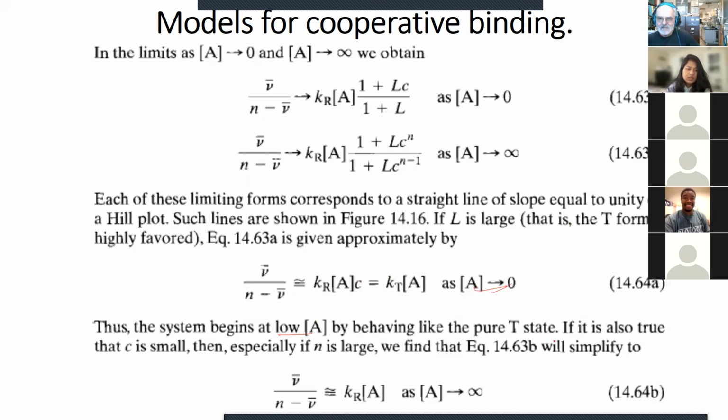And then the next approximation is that if C is small, so remember C was KT over KR. C is small, especially if N is large, then this will approximately reduce to this expression.